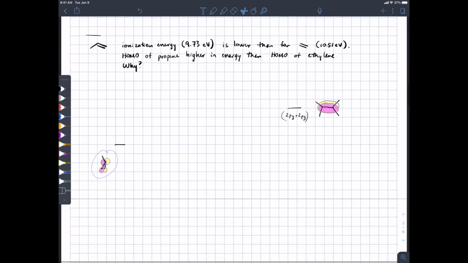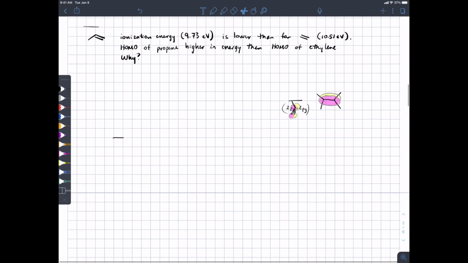So you can see that if I combined these together, the pink lobe above and below the plane of the page for the CH3 pi orbital would overlap with the pink lobe above the plane of the page for the 2py plus 2py orbital.